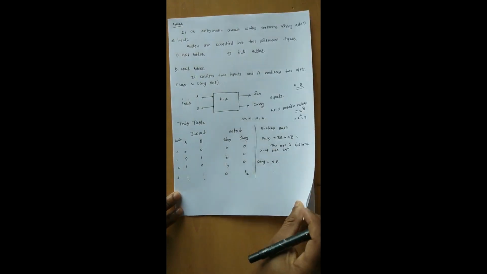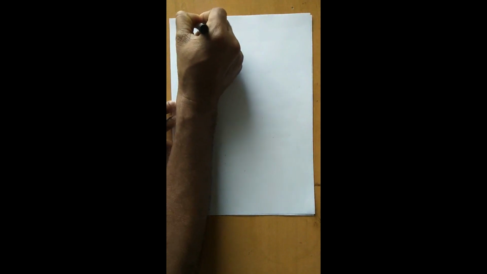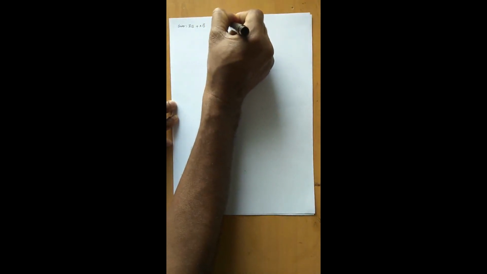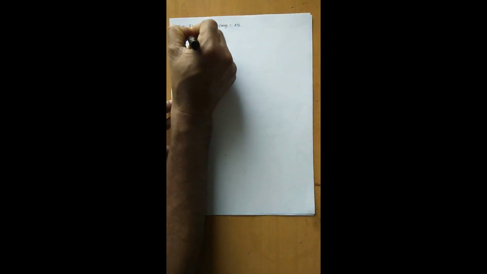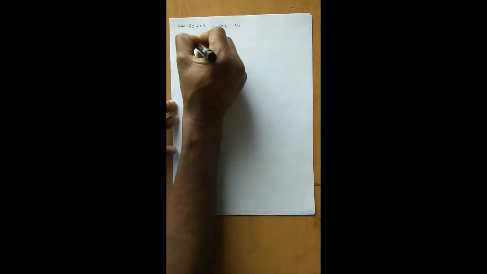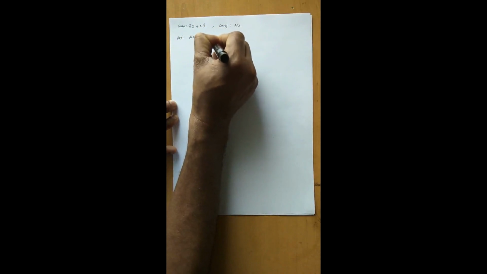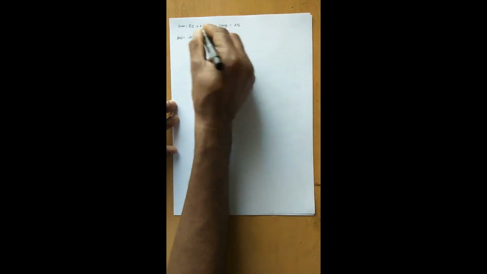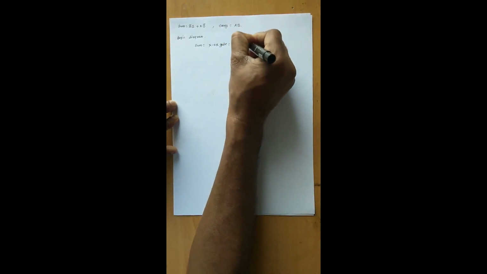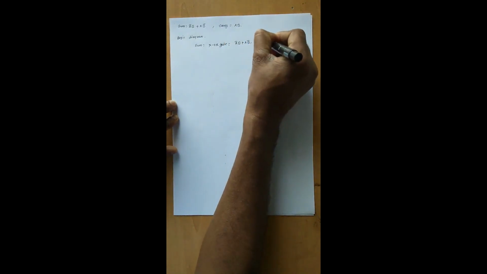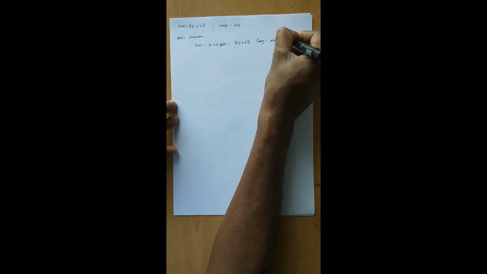Writing the expressions once again: for sum, it is A bar B plus A B bar, and for carry, the expression is A B. For sum we can use an exclusive OR gate because this is the expression of an exclusive OR gate, and for carry we can use an AND gate because this is the expression of an AND gate.